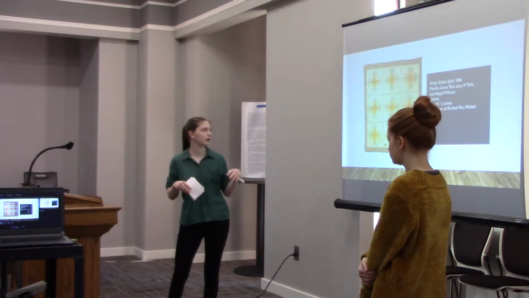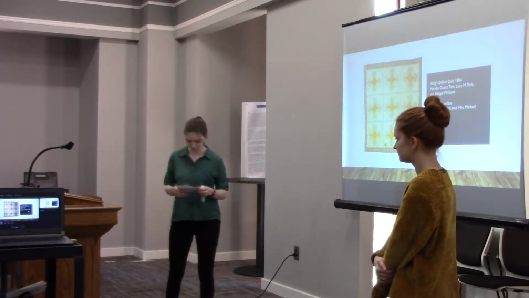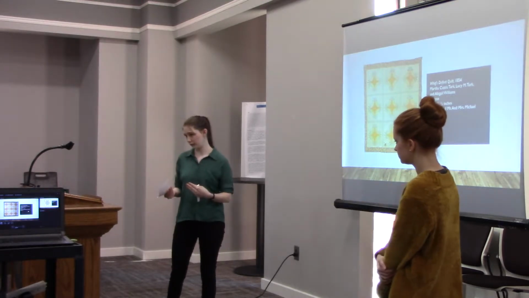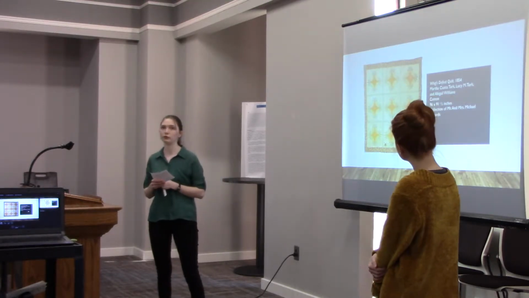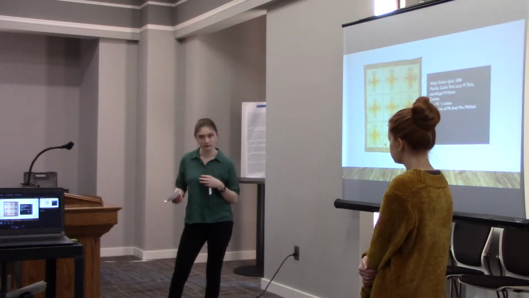What was another big part about block quilts during this time was there were so many different styles made, and those styles were often made in reference to a political event.